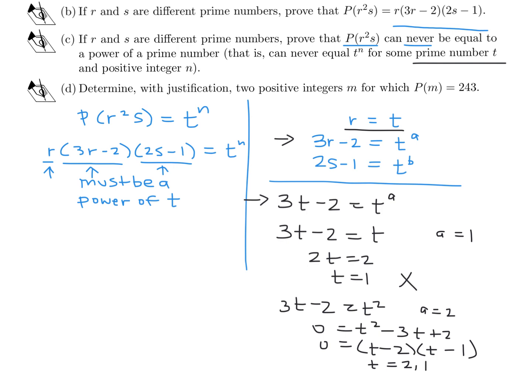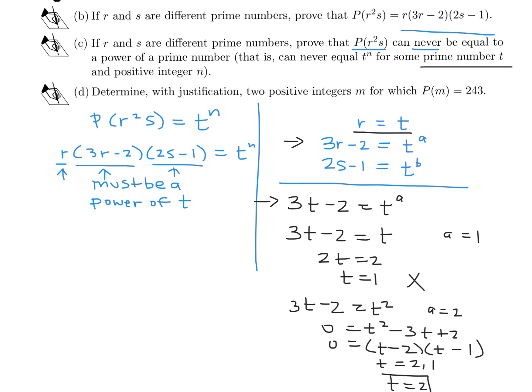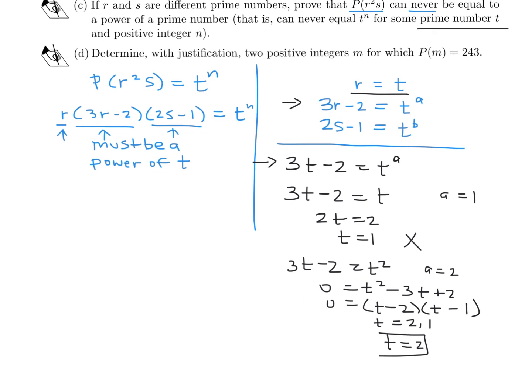Since t is a prime number, the only solution here is that t is equal to 2, because 2 is the only one that's prime. Okay, we're getting somewhere, I think. Now that I've got t equals 2, let's see if the other things jive. I've got to come back and look at the other part. I got this one, but what about this one here?